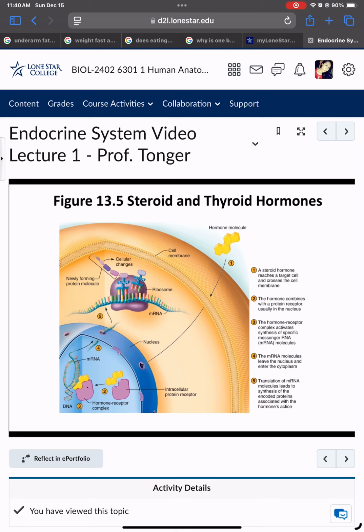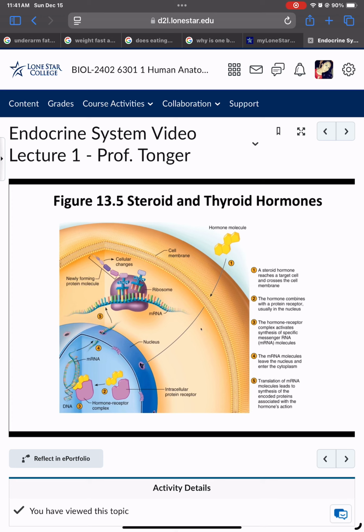So if it binds, it will either increase the transcription rate or start the transcription. And if you remember again from your ANP, we learned how DNA is copied into mRNA, which is called transcription, and mRNA goes out of the nucleus, and in the cytoplasm it goes through the process of translation, where the code from mRNA is decoded in the form of a protein molecule, which you see here.